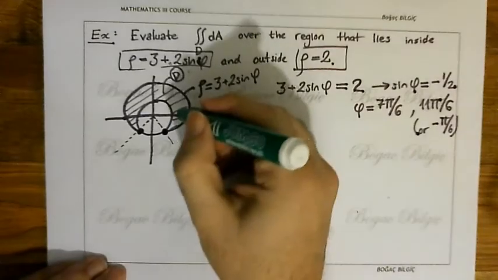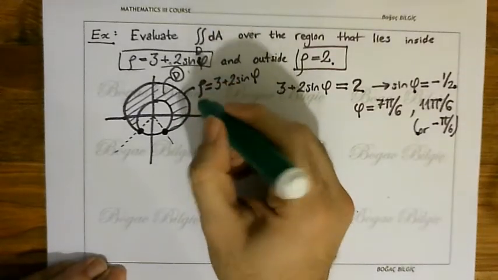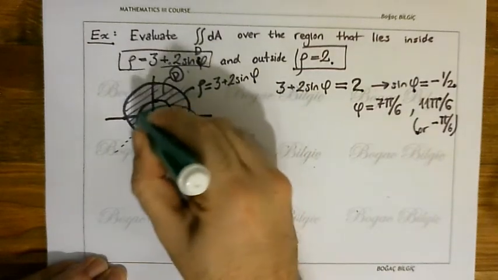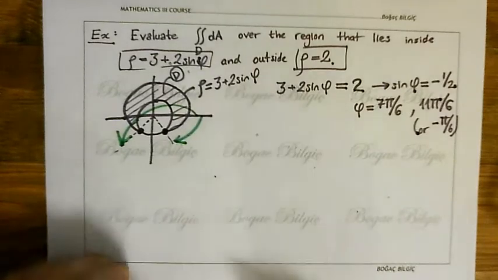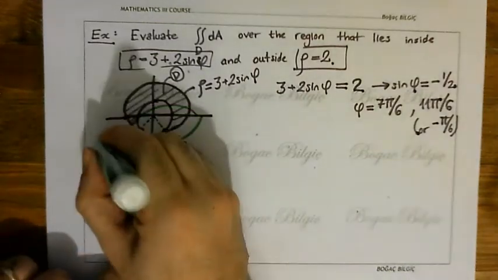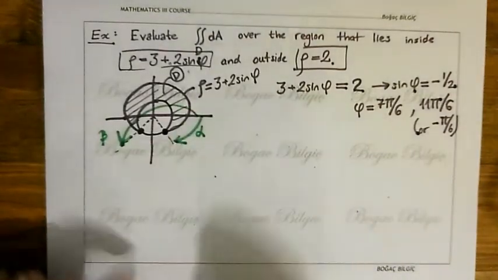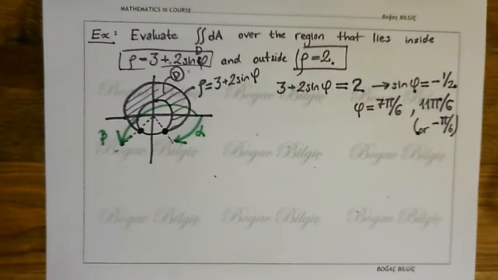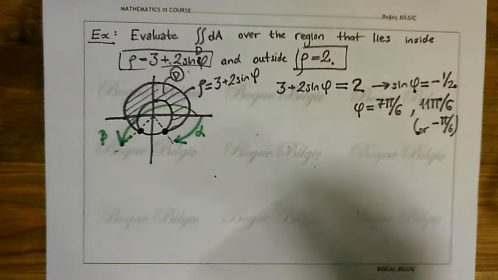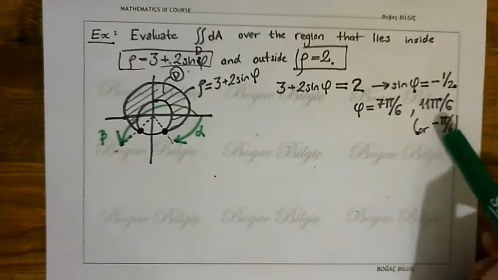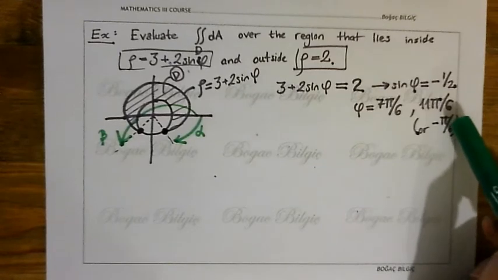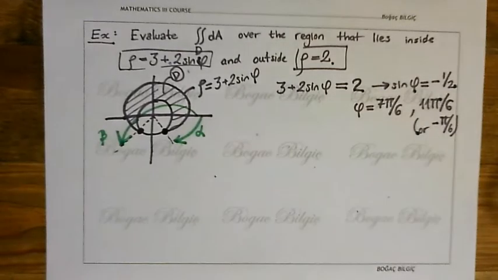This is beta and alpha. Beta is 7 pi divided by 6, alpha is minus pi divided by 6.